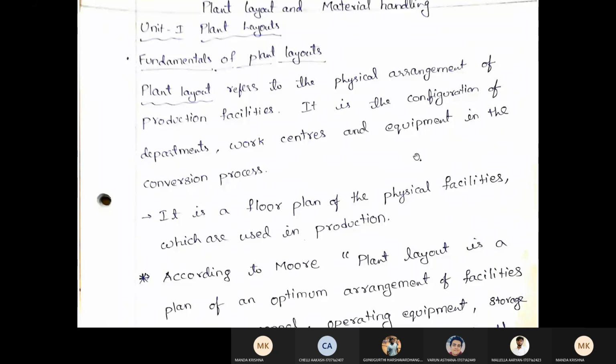Plant layout is nothing but the manufacturing or production plant where we convert the raw materials into the finished products, which consists of various departments, work centers, and machinery or equipment. We are arranging these facilities in the manufacturing plant.